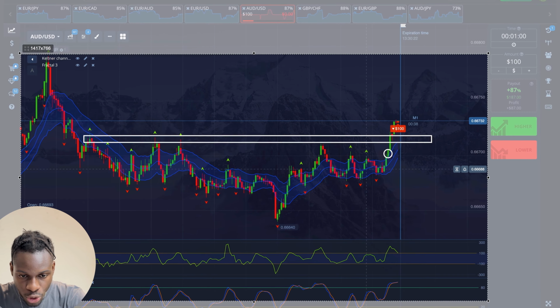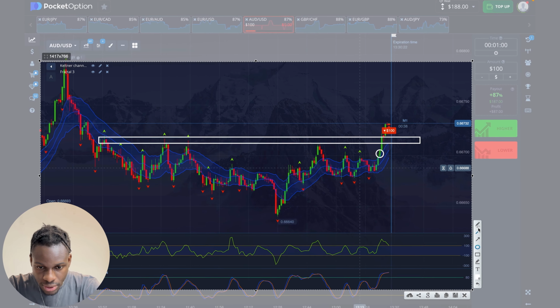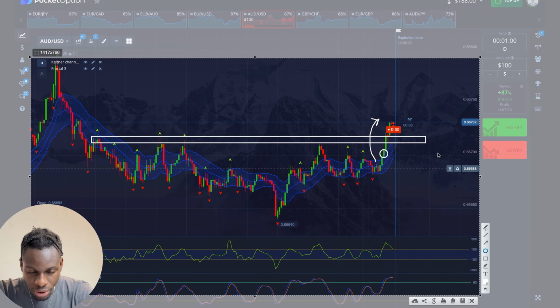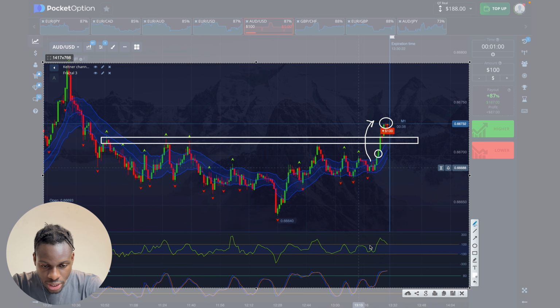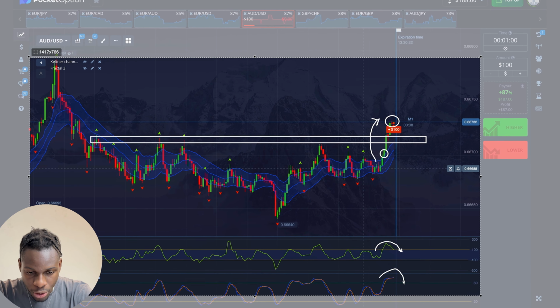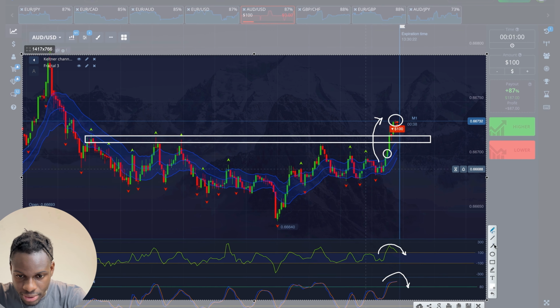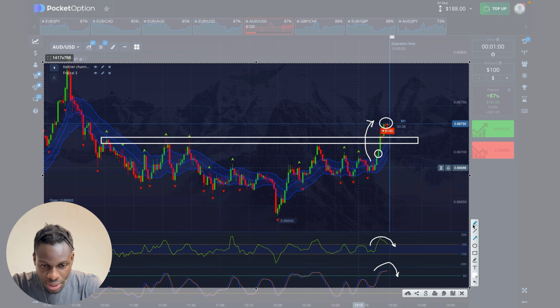It broke through, also broke through the channel, and it's pushed upwards. So now a local high is most likely forming over this zone. And the oscillators' moving averages are also indicating an exit from the overbought area. So there's a high chance that we could have a reversal right at this level.